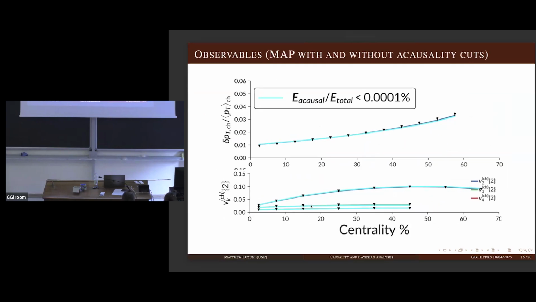Over here are these flow coefficients, two-particle cumulants for second, third, and fourth harmonic. And then this is the variance of the mean transverse momentum event by event over centrality. I don't know if I counted how many points there are, but you get some idea.